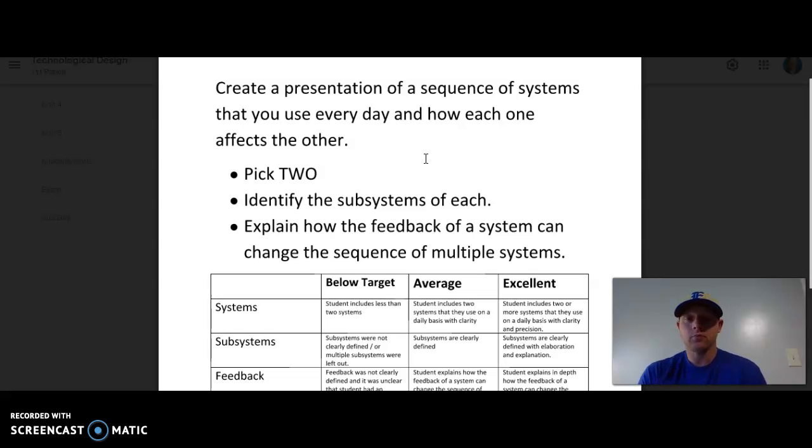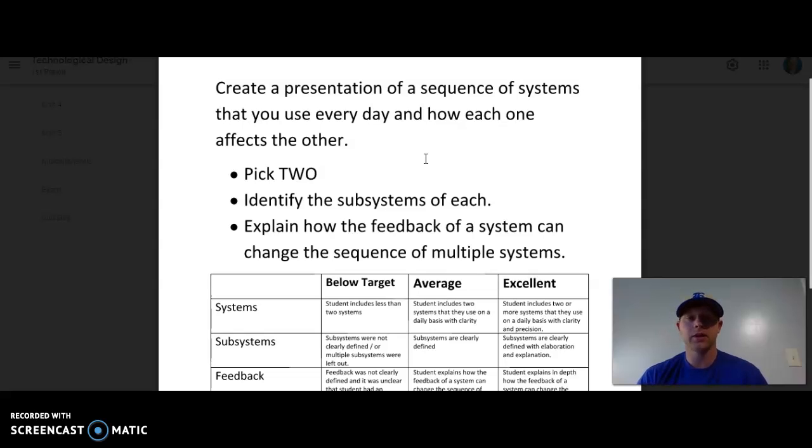You could do something like a computer and a mouse, and how those are each different systems, but how they work together. So a car, of course, you've got the engine. You could also talk about the braking system and steering and all those components.